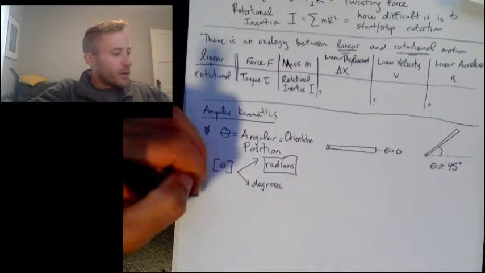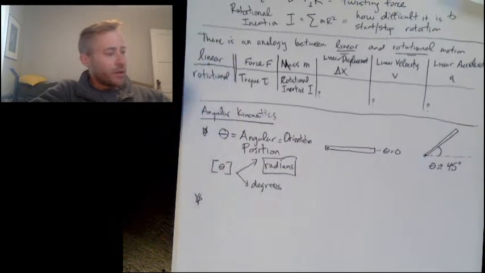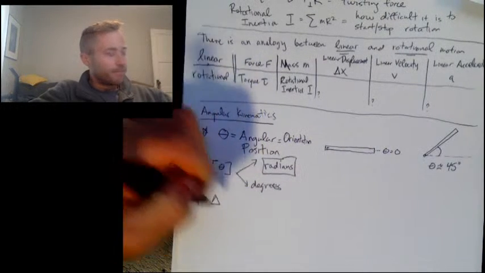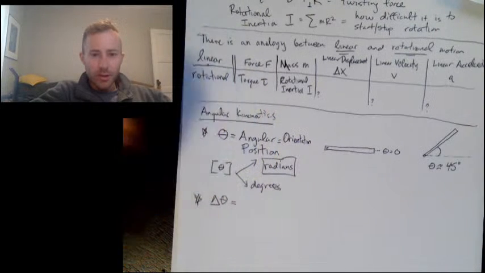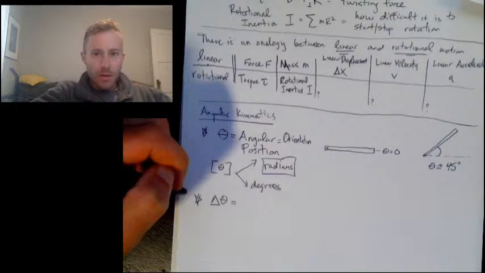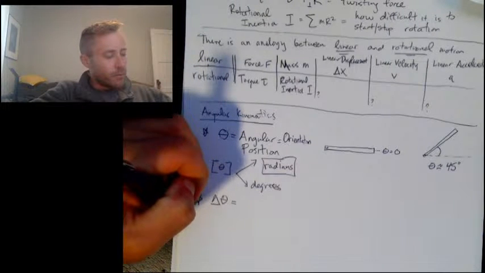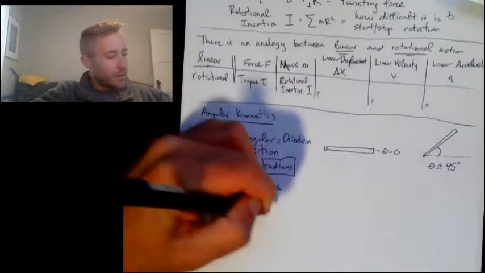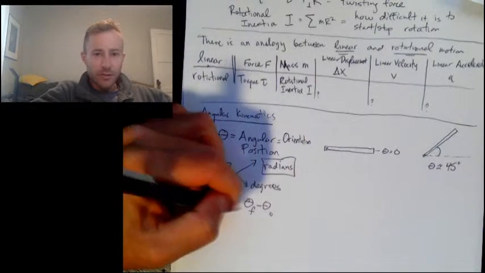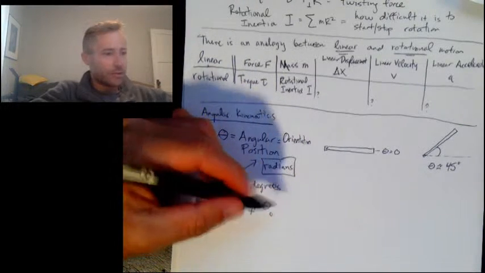So there's a quantity called delta theta, which, now remember, delta means final minus initial. So delta theta is your final angle minus your initial angle.